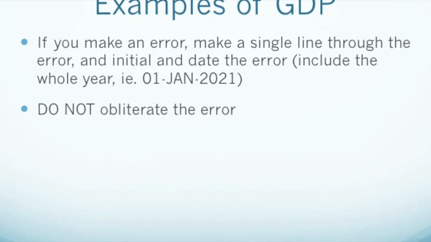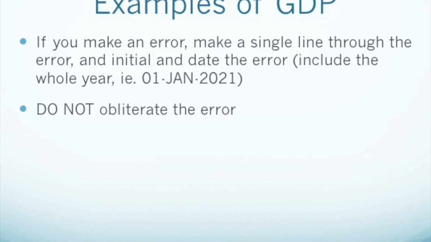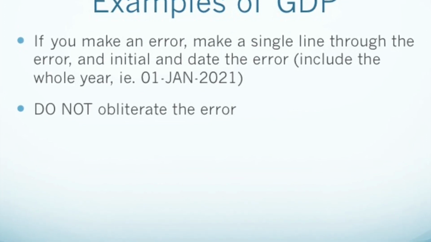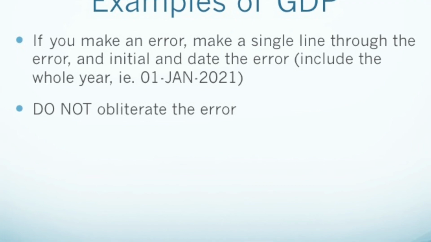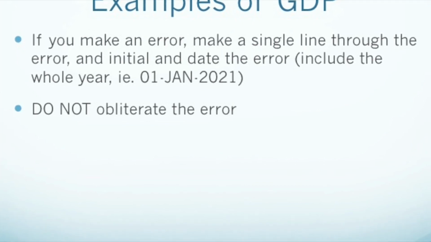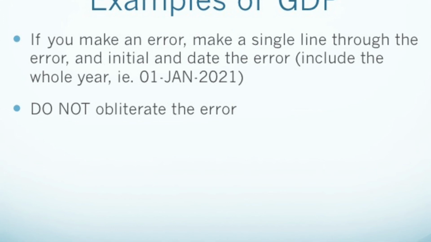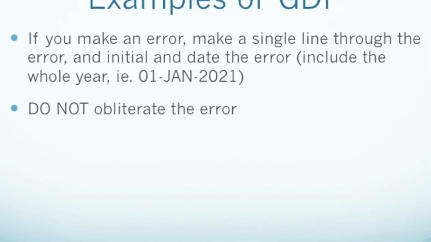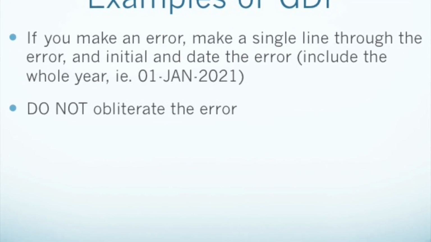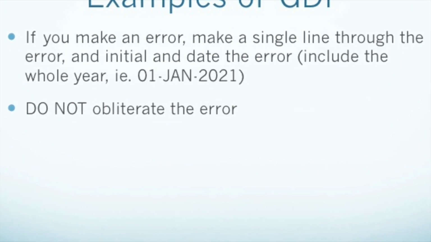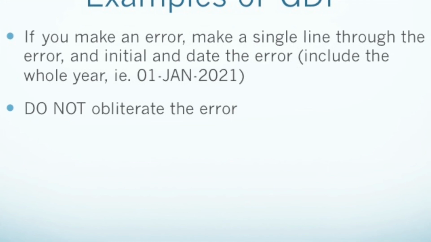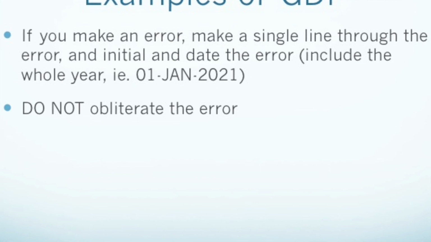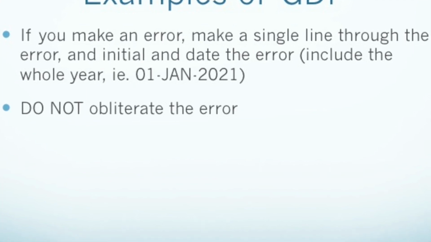It's also really important to not obliterate or completely black out when an error is made. We still want to be able to read what is written underneath the error. This is just so we get a sense of what was documented and then the correction that was made. And I will discuss this further in another slide when I give an actual example.